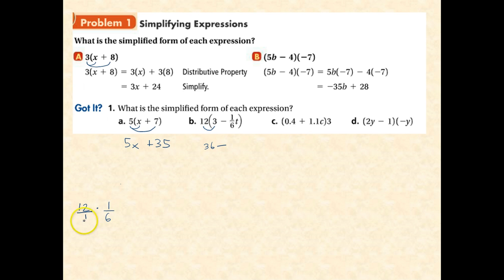Well, 12 is 12 over 1, so this is going to be 12 over 6. But 12 is just 2 times 6, isn't it? And 6 divided by 6 is 1, so this equals 2. So 12 times negative 1/6t is going to be negative 2t.